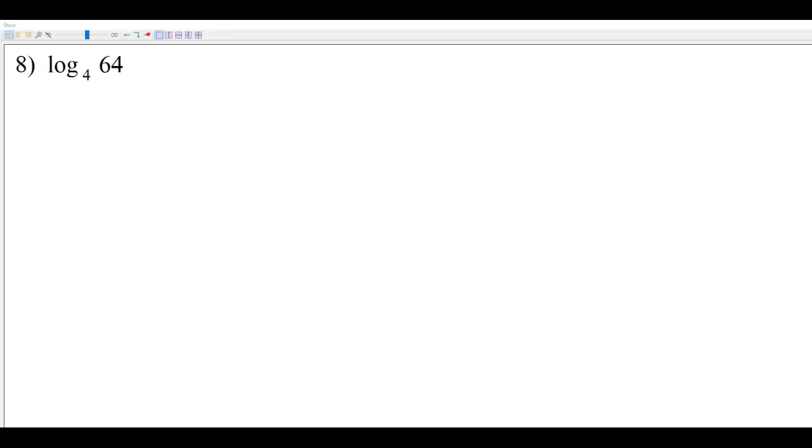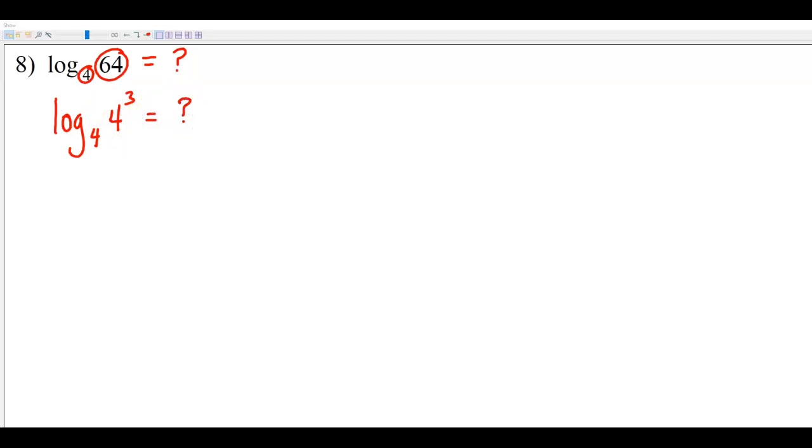Number 8, we're changing the objective here. The objective now is to actually find out what this equals. So, I can rewrite this as a 4 to the 3rd power.